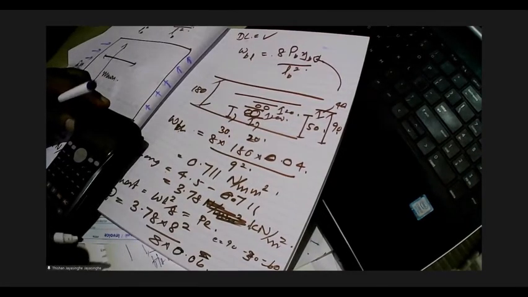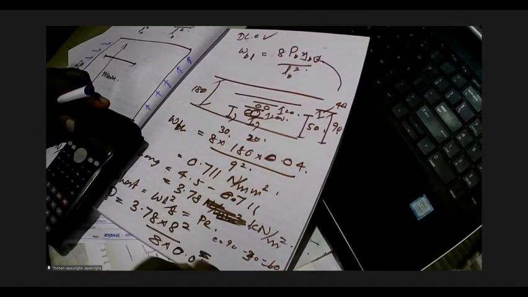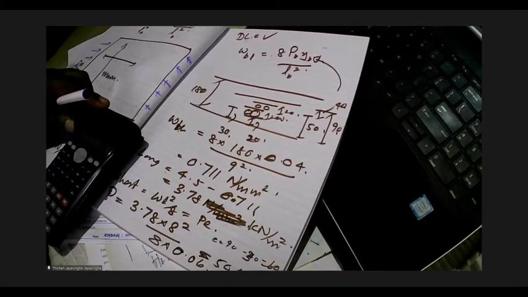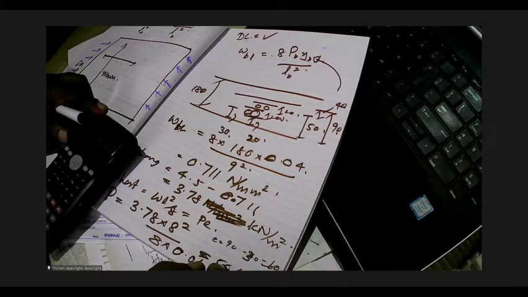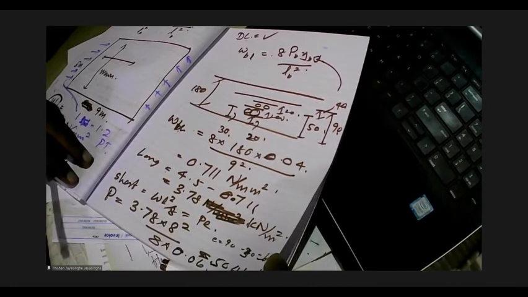Three point seven eight. So we need a pre-stress of 504 kilonewtons in the other direction.